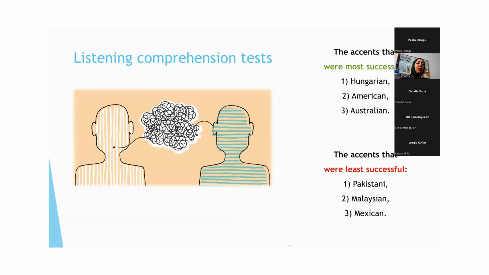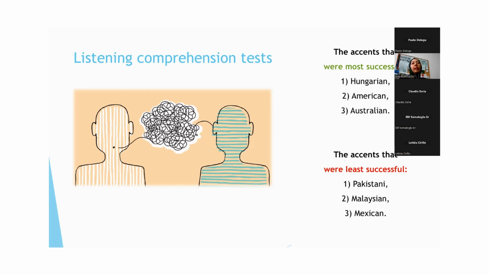When I checked the reflective papers, they said that because it was like a Turkish English accent, it was very familiar for them. And for the next one, it was American because they said that they heard this accent quite a lot, so it is easy to understand. And the next one, Australian, because again it was a native accent and it was clear for them.